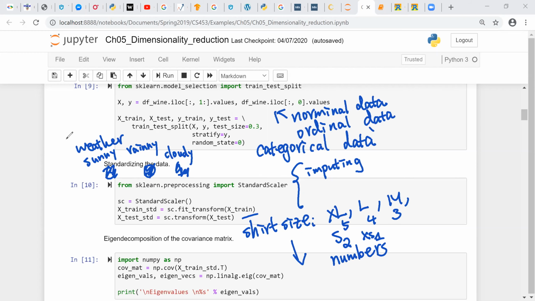So we apply another approach. Do you remember there is an approach called one hot encoder?